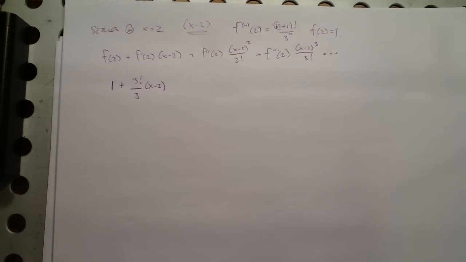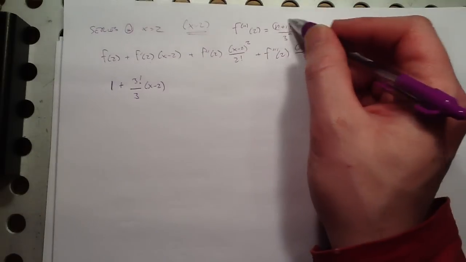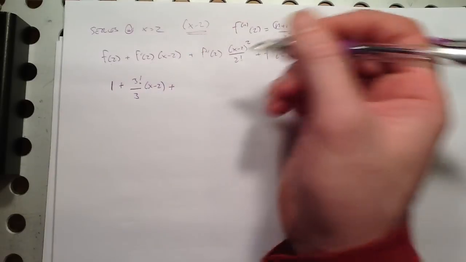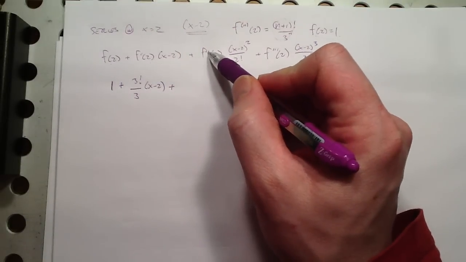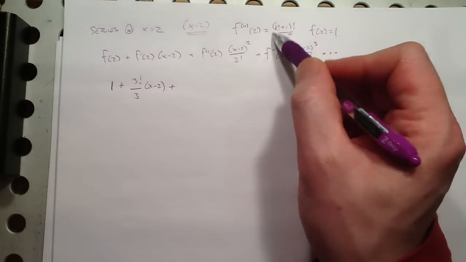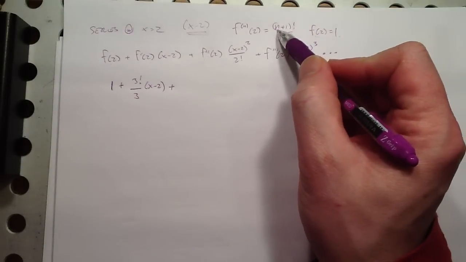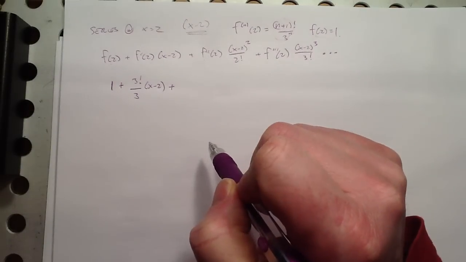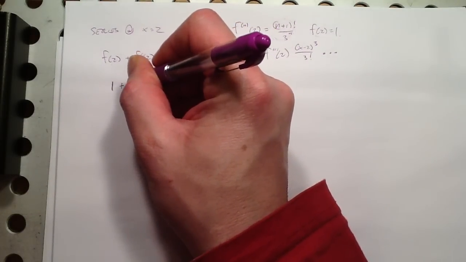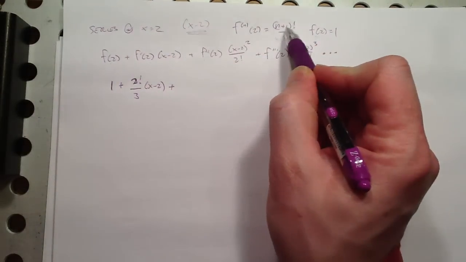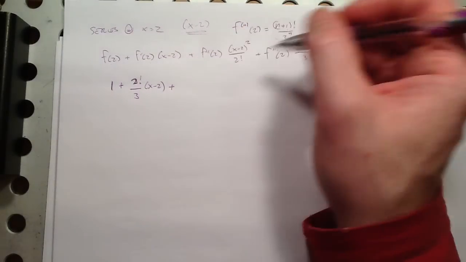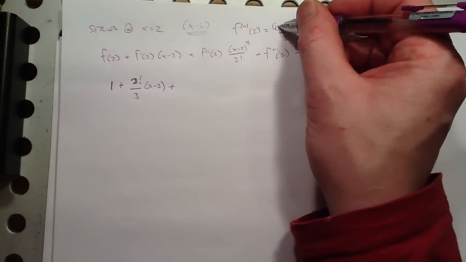Oops, what am I doing there? Sorry, this is the first term. That's the nth derivative. Okay, now I'm plugging in, this is the second derivative. So to find the second derivative, I plug 2 into this. That's 2 plus 1. I think I messed up somewhere, didn't I? That should be 2 factorial, shouldn't it? Because I was plugging 1 into this for the first derivative. Sorry about that. Now I'm finding the second derivative, so I'm plugging in 2 into that.